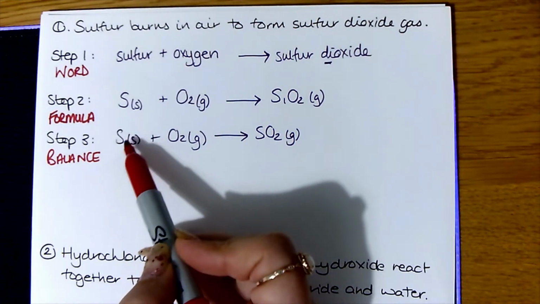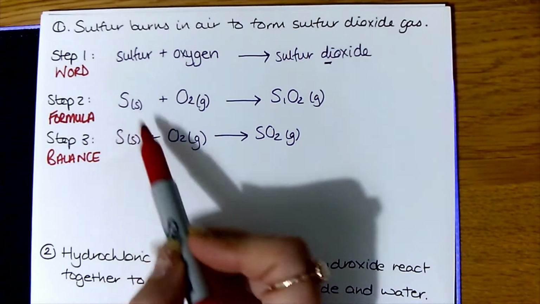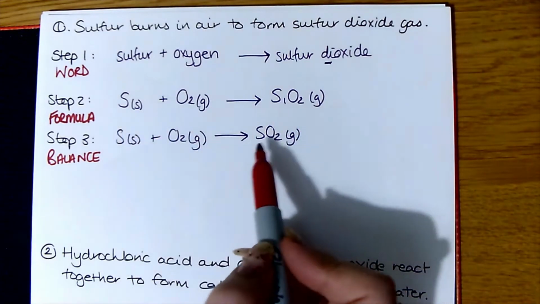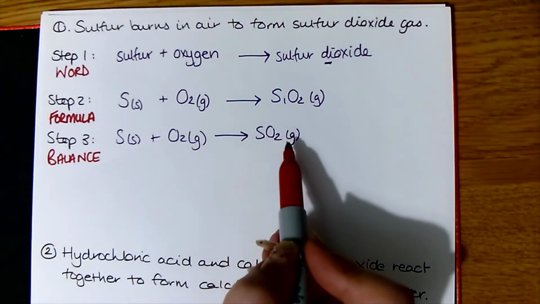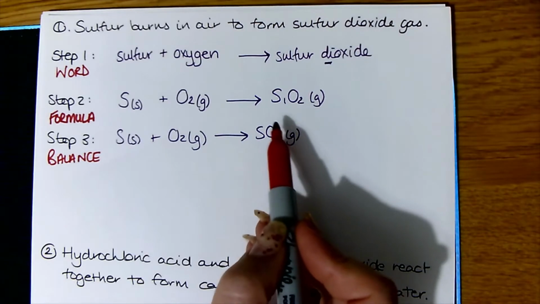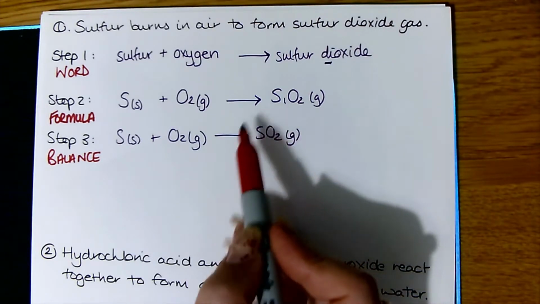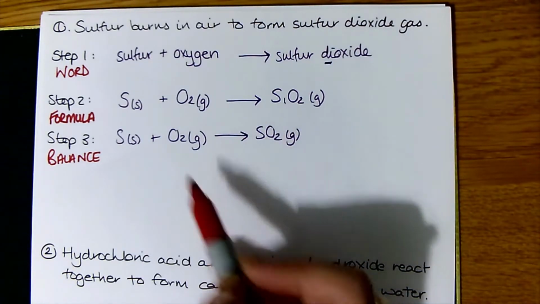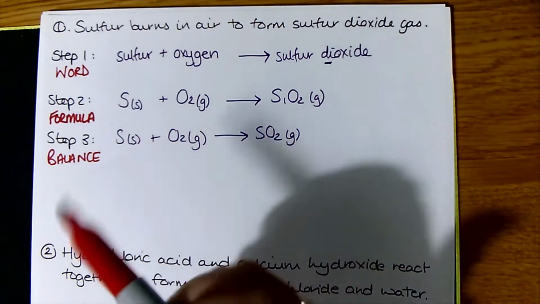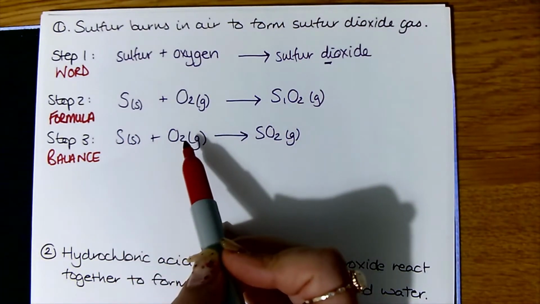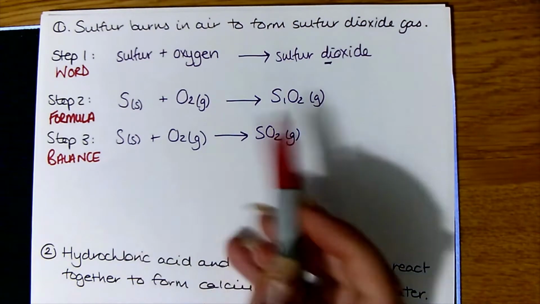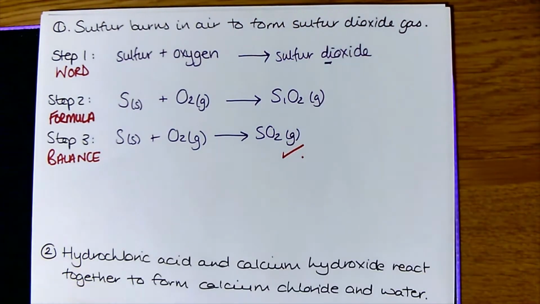If there's no little number after or big number at the front, it means we only have 1. So 1 sulfur, and we have 1 sulfur here. Remember, this 2 relates to the element directly before it, not all of them unless it's in a bracket. So 1 sulfur, tick, correct. Now we have 2 oxygens and 2 oxygens. So this is finished. This is a balanced equation.